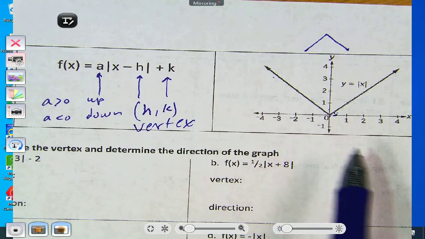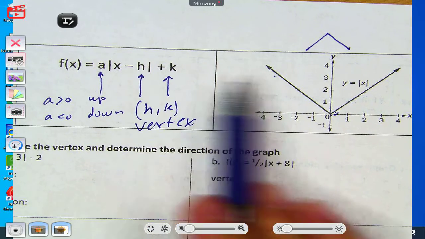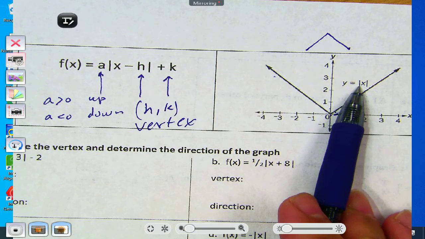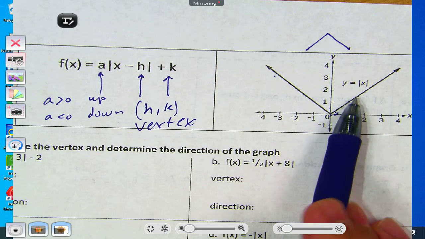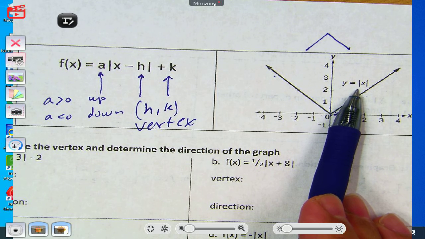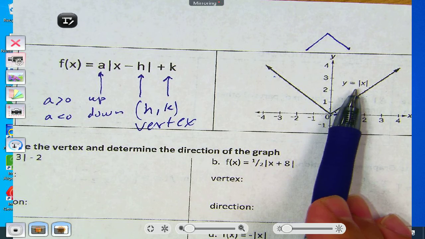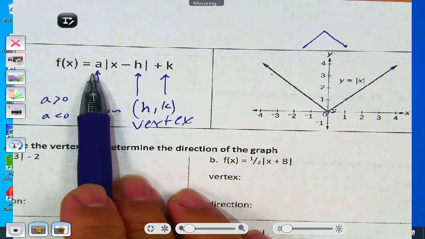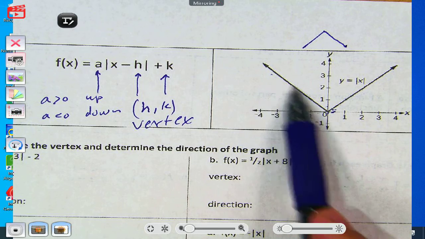So let's reconcile this formula and what's written right here. This is y equals absolute value of x. What is the number in front of this absolute value of x? A 1. So remember, whenever there is a space for a coefficient, but there is no coefficient, that coefficient is 1. So a is equal to 1, it's positive 1, so it's opening upward.